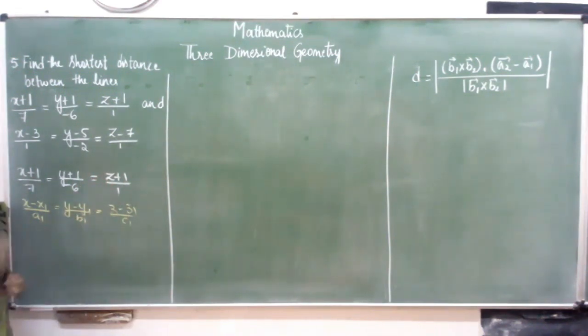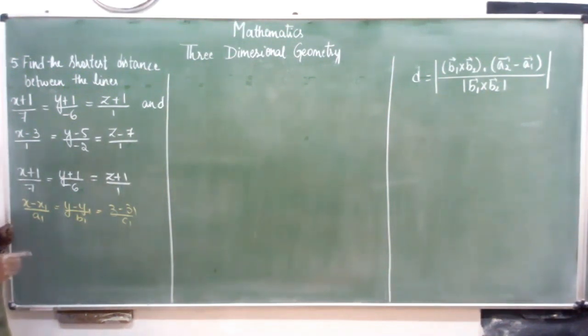We have already seen how to reduce the Cartesian form into vector form. So according to that, x1 value is minus 1, y1 value is minus 1, z1 value is minus 1. a1 is 7, b1 is minus 6, c1 is 1. And what are x1, y1, z1? x1, y1, z1 are the scalar components of the vector a1.